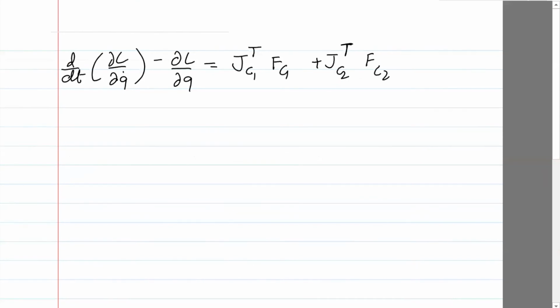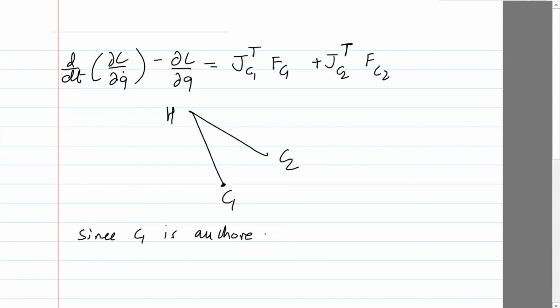In this case, we have C1, C2, H. Since C1 is anchored and C2 is free to swing, we have F C2 equal to 0 because there's no force acting at C2. So we can effectively cancel this. We have a second force. We just have two forces.